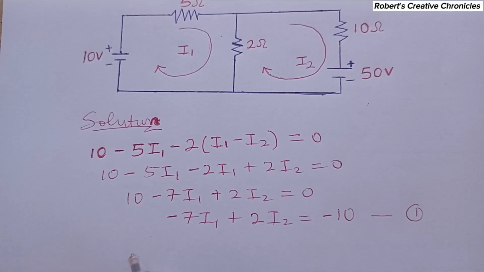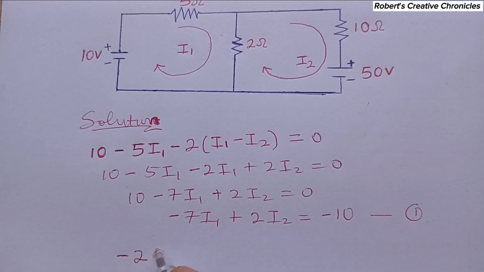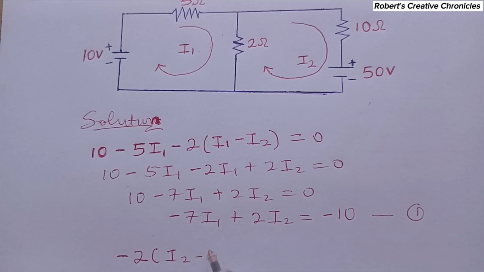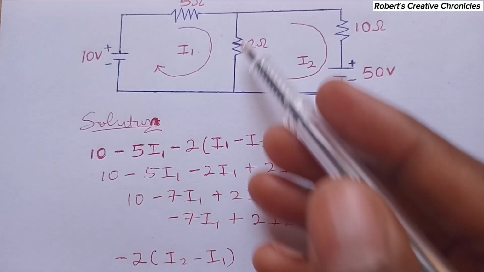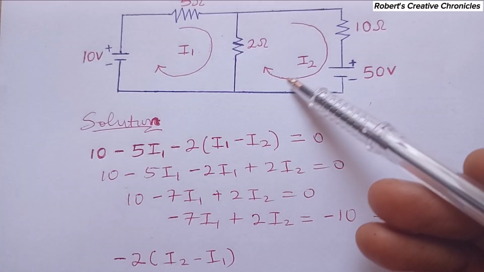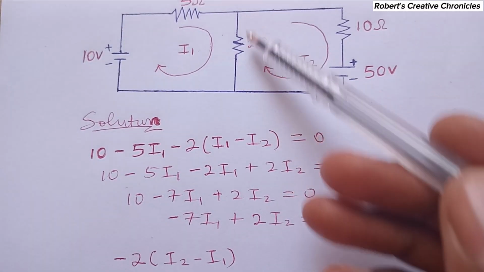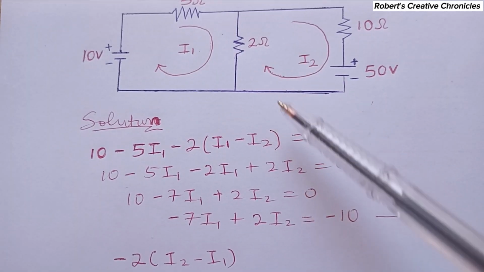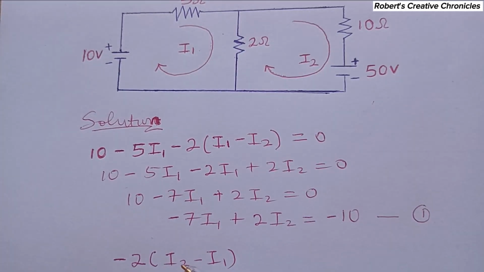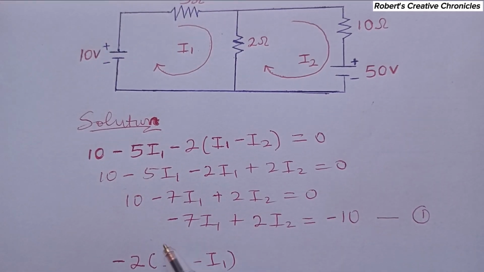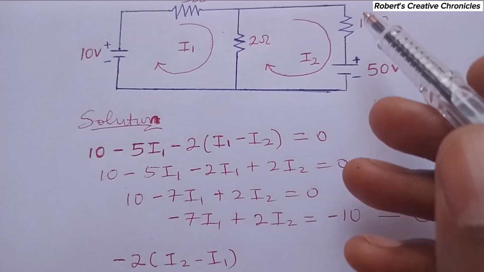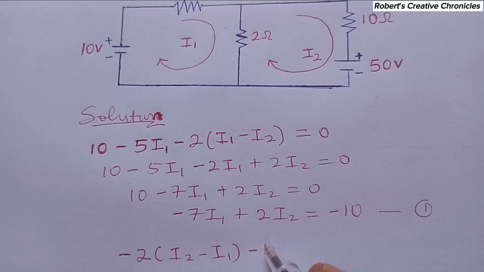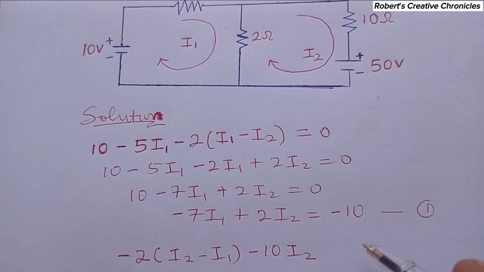Here will become negative 2 times (I2 minus I1). Since this is coming like this, and this will be going, I1 and I2 come against each other. Since we are working with I2, I2 comes first, then minus this. This is the equivalent current. Then here is minus 10 I2.